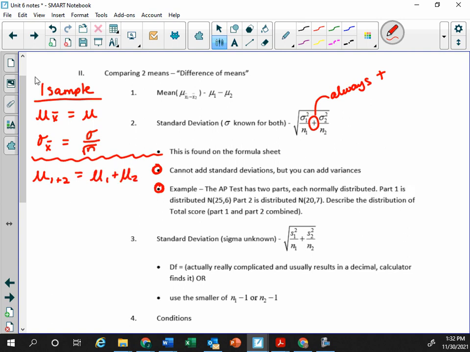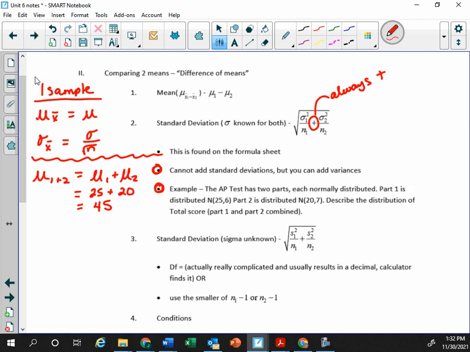It seems like common sense, I know, but that's what that is. So in this case, that'd be 25 plus 20. So if you were to combine the 2 parts, that distribution would be centered at 45, okay?